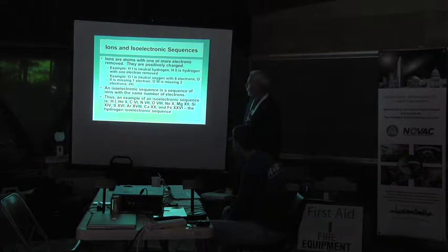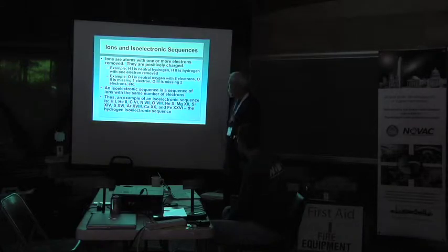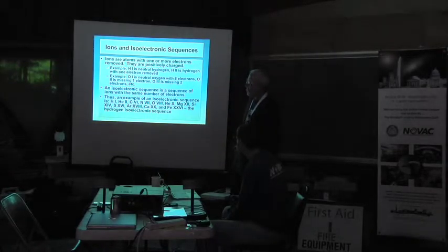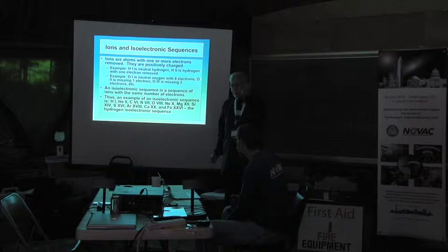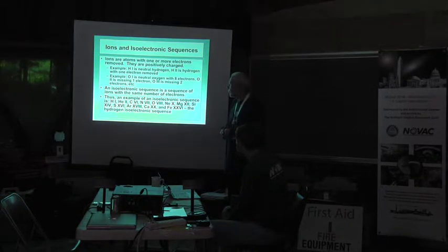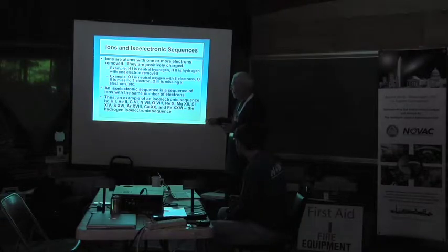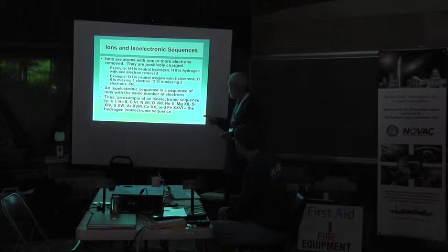Another term that we use is isoelectronic sequence. That's a sequence of ions with the same number of electrons. If you have a really, really hot plasma, for example, and you heat it so much that even iron, with 26 electrons, has lost every electron but 1, then it has this 1 electron just like hydrogen.